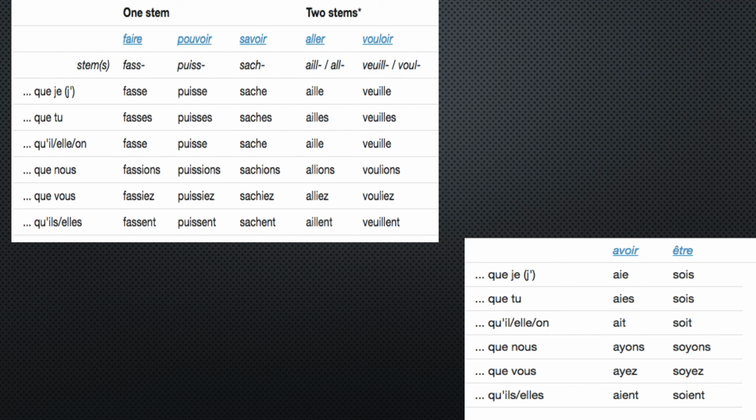And then the il, elle, on, instead of an e, it's a t. And for the nous and vous, the stem is ay, and the only difference for the ending is that instead of ions and iez, you just have ons and ez.